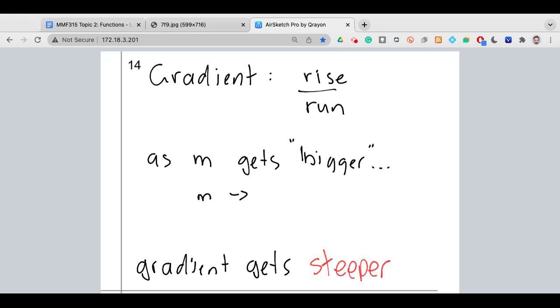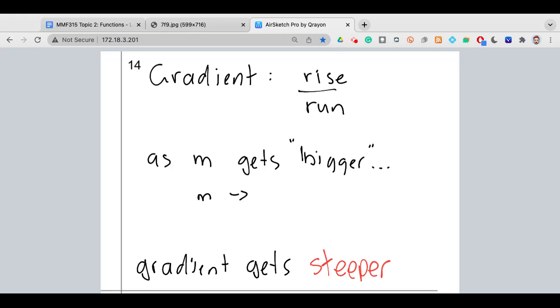But I want to just give you a bit of fancy terminology around it as well. Because as the m gets bigger, I've got bigger in inverted commas because when we say bigger, we normally mean positive, don't we? But if it gets bigger but negative, it's also big, right? Like, e.g. money. If you owned $1 billion, that'd be a lot of money, right?